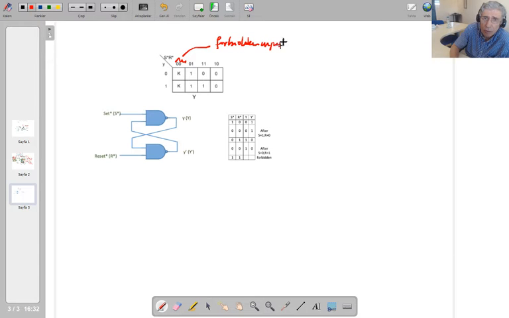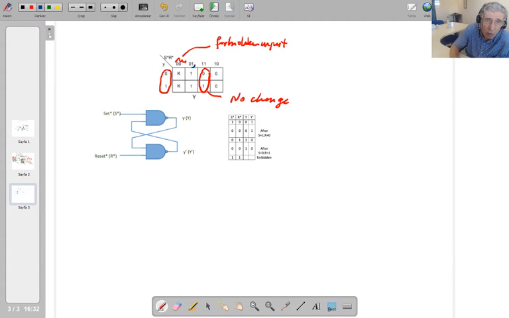And when both of them are 1, 1, state does not change. Present state is 0, 1. Your next state is 0, 1. No change. When the inputs are different from each other, that means S star and R star values are different from each other, in this case, R star input is the same as the output.